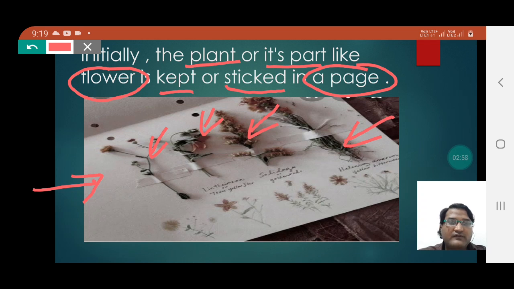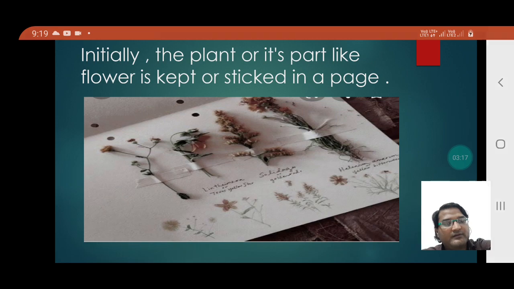So this plant and plant parts are being sticked. You can see here that they are being sticked on a page. This page also you can see. So this is the first step for making a herbarium.